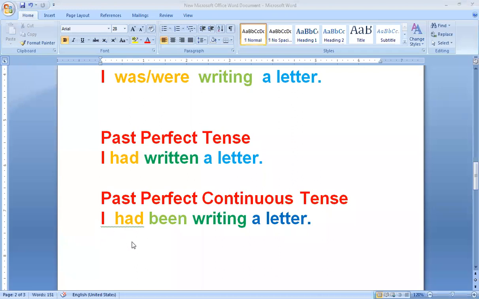Structure: subject plus had plus been plus verb fourth form. Write is first form, wrote is second form, written is third form, and writing is fourth form. So writing here is used for past perfect continuous tense. I had been writing a letter. Other examples, they had been watching TV yesterday.